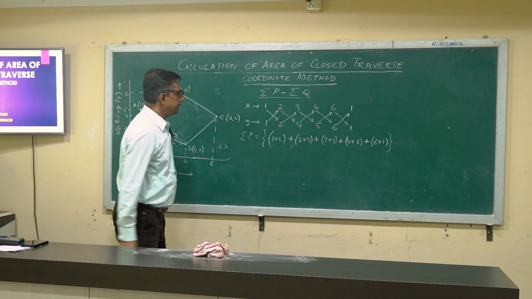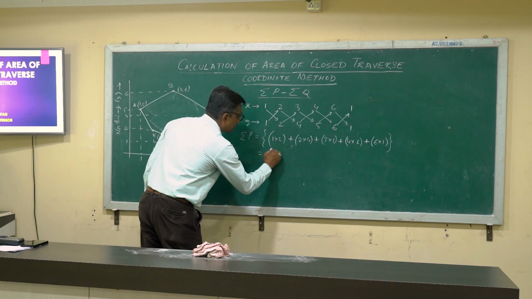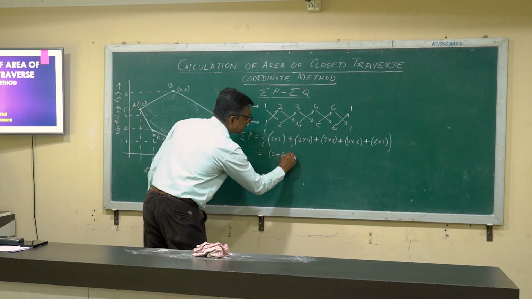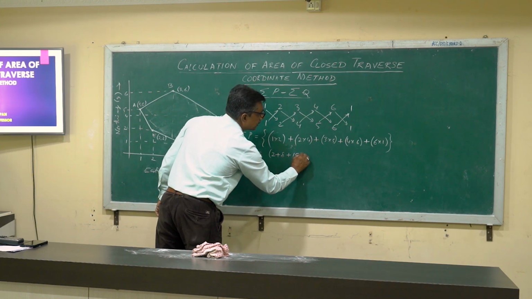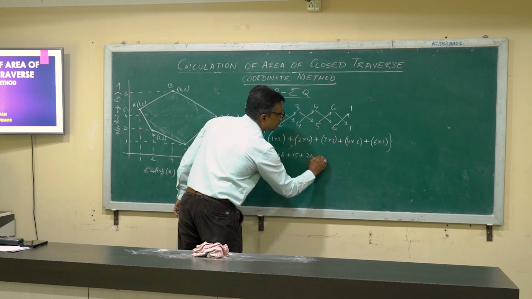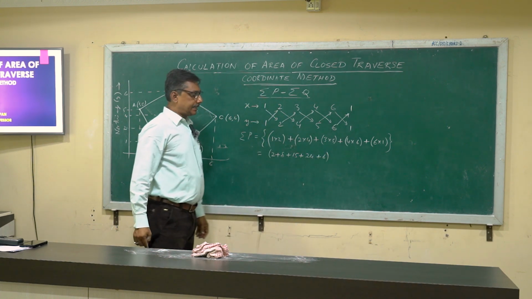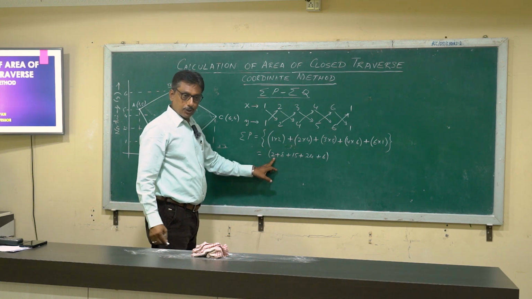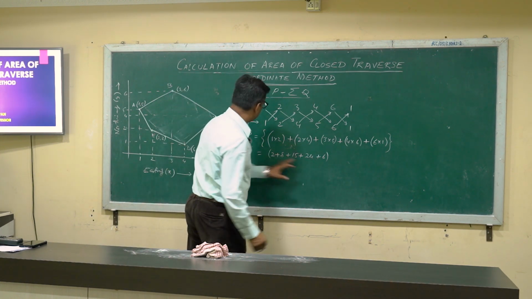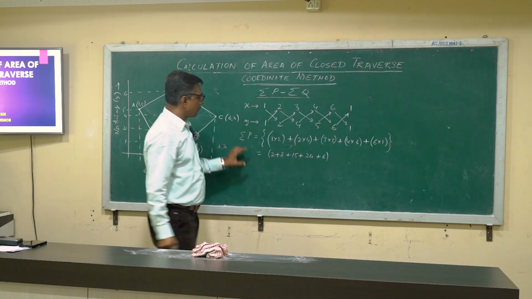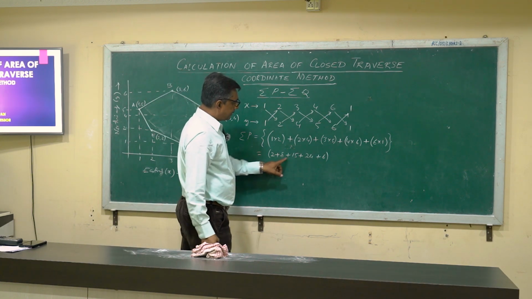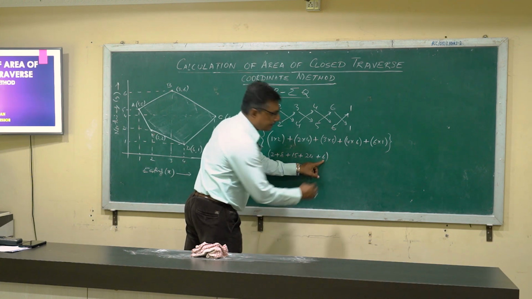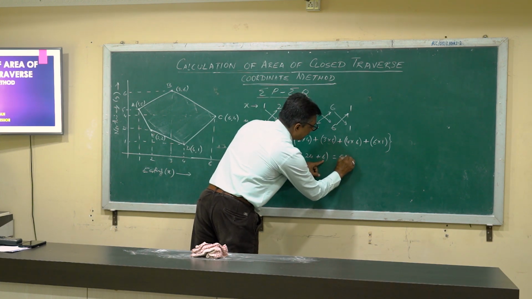In the second bracket it will give you 2 times 1 means 2, plus 8, plus 15, plus 24, and finally 6. These are the products of cross multiplication and you have to add those to get the summation P. So 2 plus 8 is 10, plus 15 is 25, plus 24 is 49, plus 6 is equal to 55.